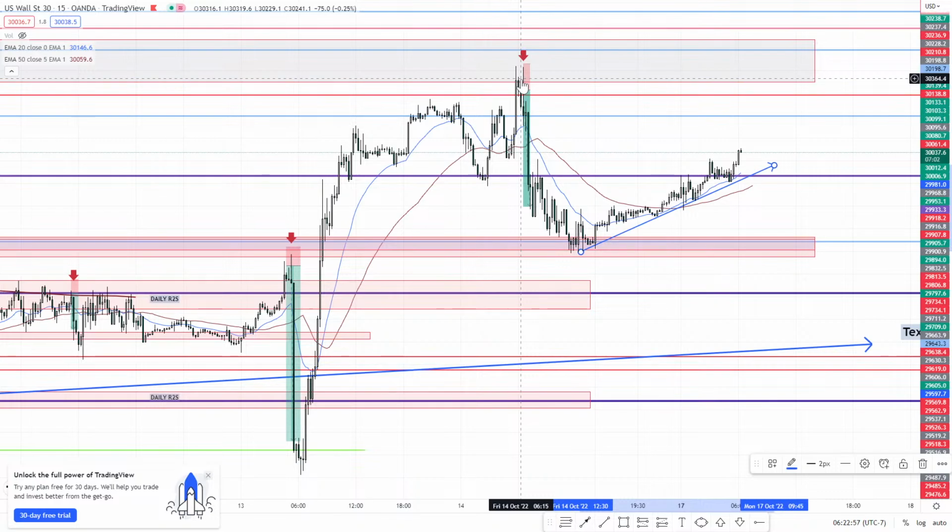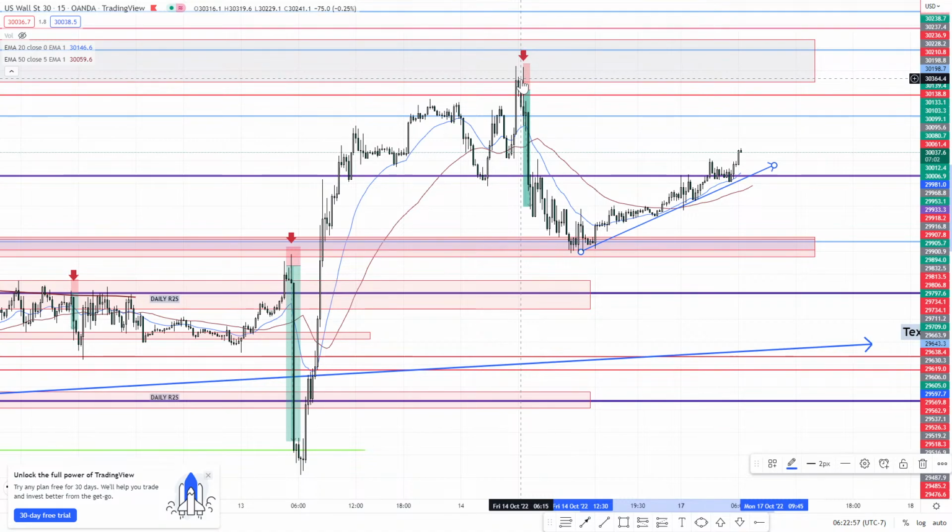You could see this ray right here. It's like a clean resistance, resistance, resistance, support, support. Let's get it perfect.